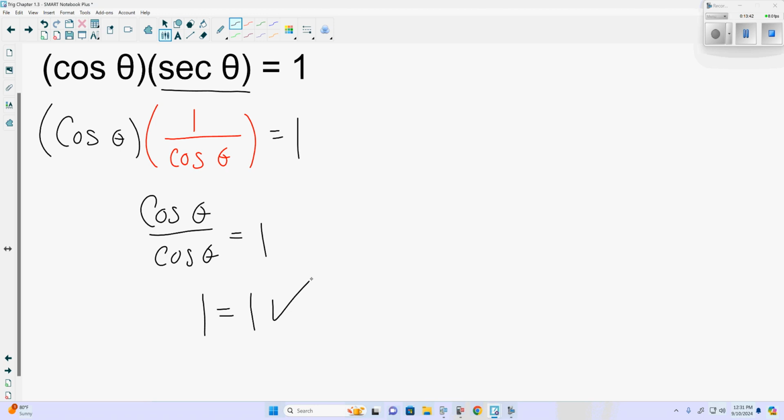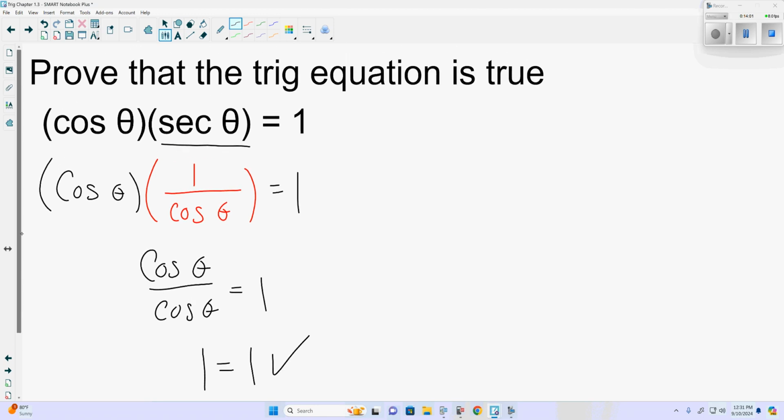Questions on this here? Now, one of the things with proving these statements, or doing these proofs with the trigonometric forms, is we can't move things across the equal sign. I can't add things to both sides. I can't multiply both sides by something. Part of the reason is that we want to prove that this equation is true, that this side is equal to 1.